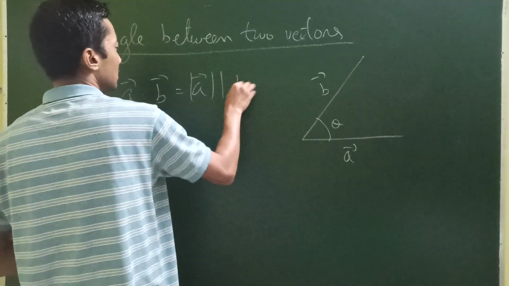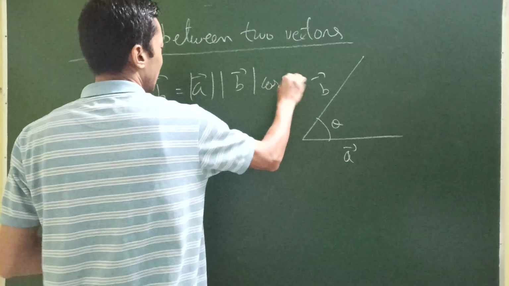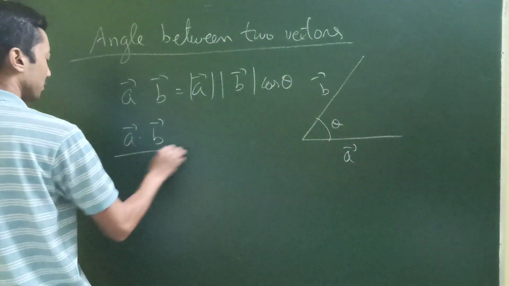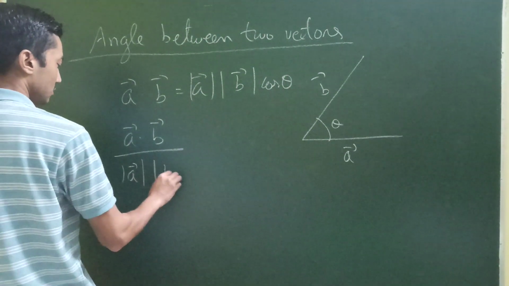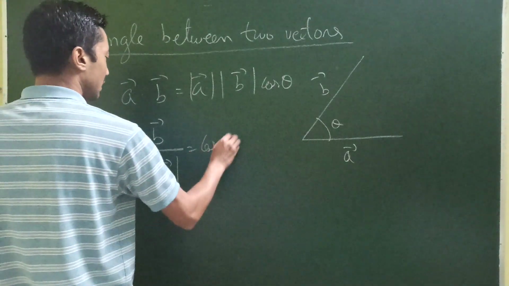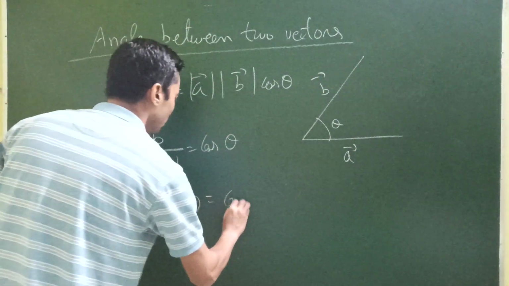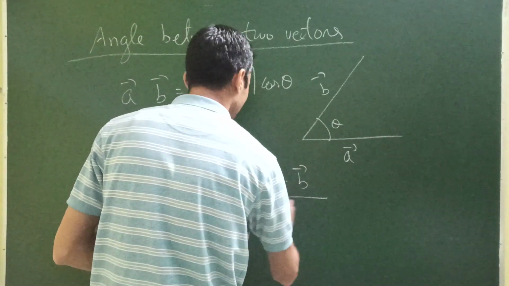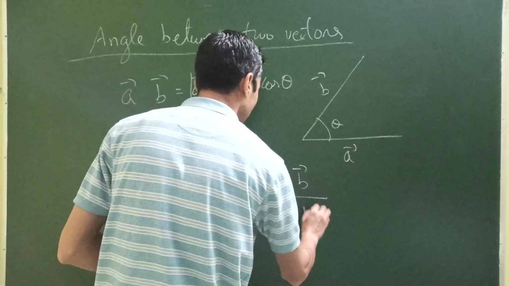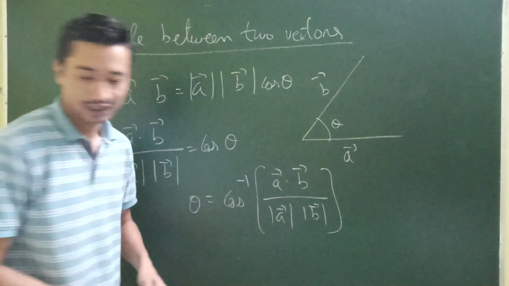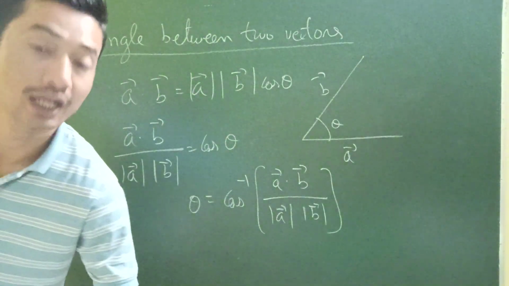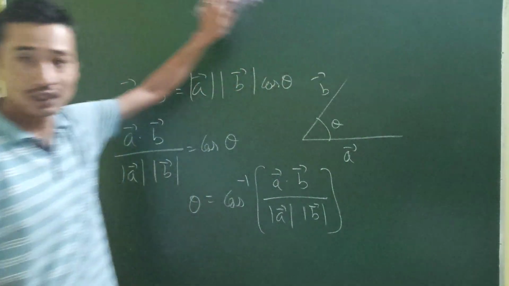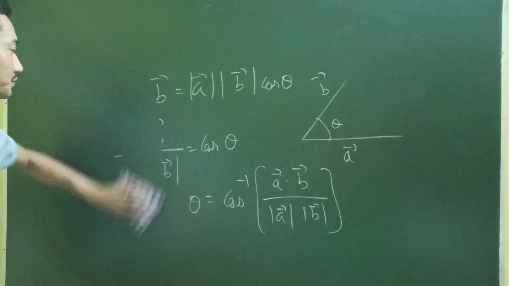Magnitude of A, magnitude of B, cosine of the angle. So in that case, if we just cross multiply, that's going to be A dot B upon magnitude of A into magnitude of B equal to cosine of the angle theta. So that means theta will be equal to cos inverse of A dot B upon magnitude of A into magnitude of B, and that's how we will be finding out the angle between the two vectors. Okay, I hope that is done.